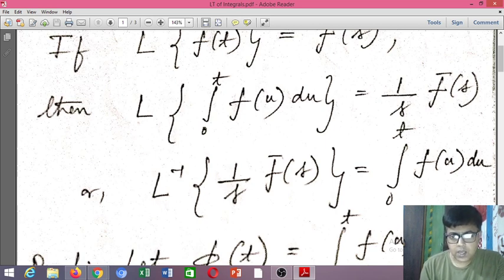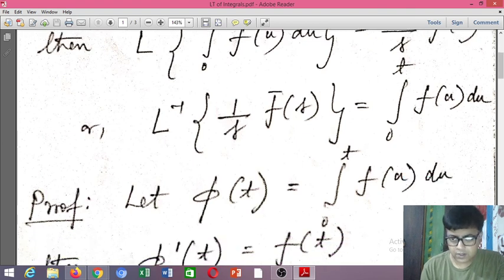So at times you may use this integral to find the inverse Laplace transform, or in the reverse manner, the value of the integral is used, or to find the value of the integral you know the inverse Laplace transform of f bar(s)/s. But more generally we try to find the inverse Laplace transform by finding the integral. So this is another way you can remember: L inverse of (1/s) f bar(s) is equal to the integral from 0 to t of f(u) du, a very important property in Laplace transform.